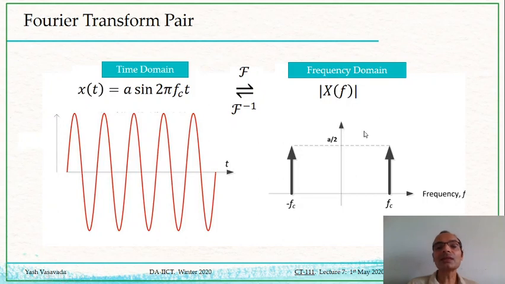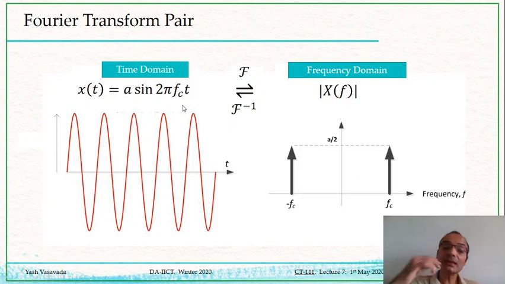There is additionally a phase component to the frequency domain which we are not showing here, but this is how it looks, at least in terms of magnitude component. Now you may ask, but what is the real signal? The answer is either one. You can call this or this. Both are the same. They both are the same signal.